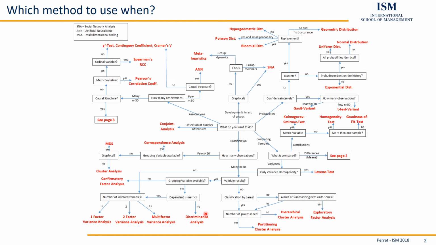This is similar to the logit or multinomial logit we're going to see when we talk about regression analysis. If it's metric, then you can use variance analysis, again with the question, how many factors, so how many variables do I actually use as more or less dependent? We're not calling this dependent here, but just different factors. So that's basically the idea.